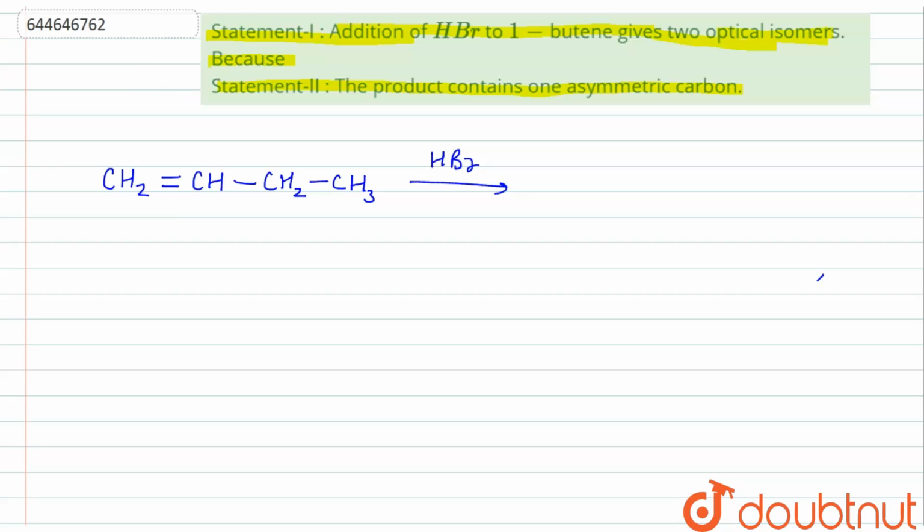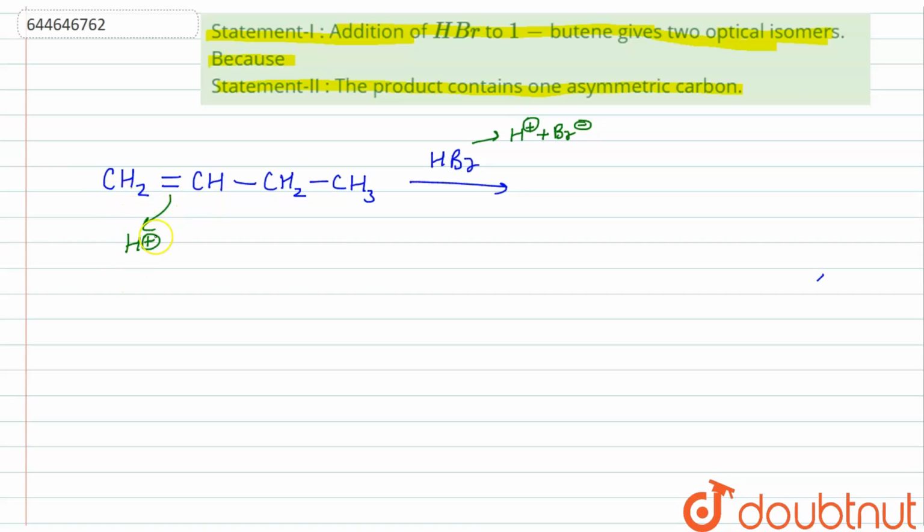As we know, HBr gives H positive and Br negative. This H positive acts as an electrophile, and as we know there are pi electrons here, so the pi bond gives pi electrons and will attract this hydrogen. Now this hydrogen has two possibilities: it can attach to this carbon or to this carbon.